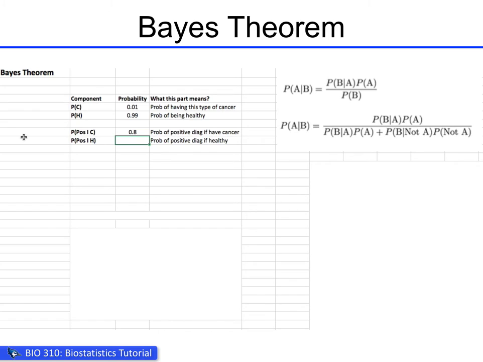And we know from the data, this isn't anything that I'm calculating, this is a component of Bayes' theorem that we can use here, that we know from the data. Okay, so this comes from data, this comes from data, and this up here comes from data. This is simply 1 minus the probability of cancer.